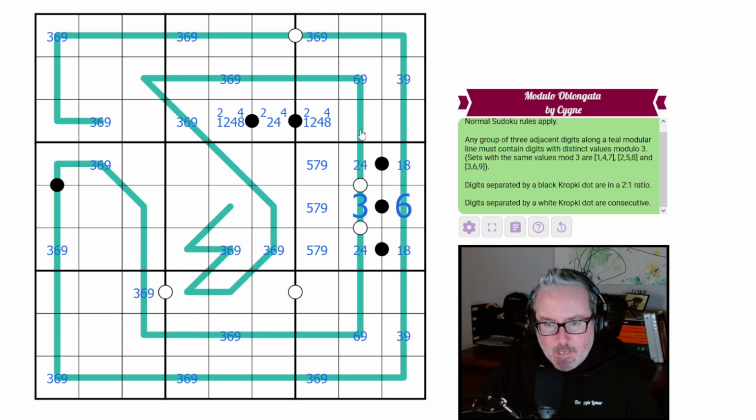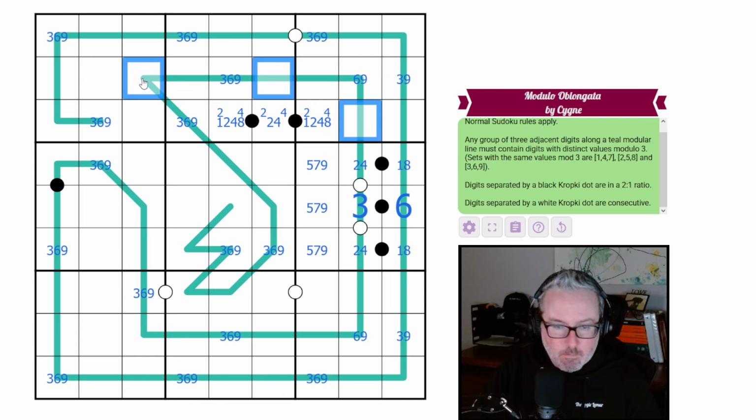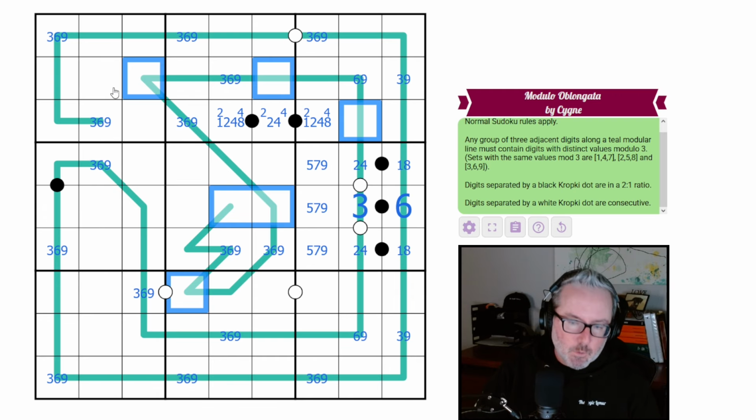Because if we think about, let's go through the line here. This one, nope, not you. So, this one, I can count. This one, you, and you. And then we'll come back around this way and see how it loops around.